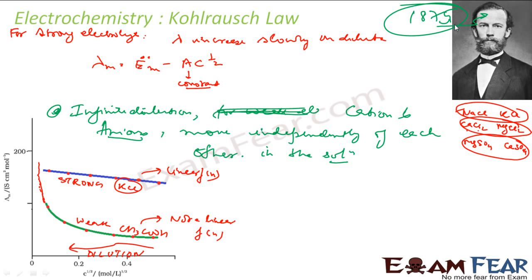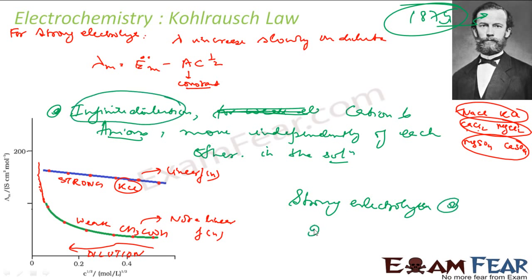To prove this, what he did was he measured the molar conductivities of strong electrolytes. Please note, he took strong electrolytes, and since I am talking about infinite dilution, he took strong electrolytes at infinite dilution. Right? He did that, and let's see what the result was.